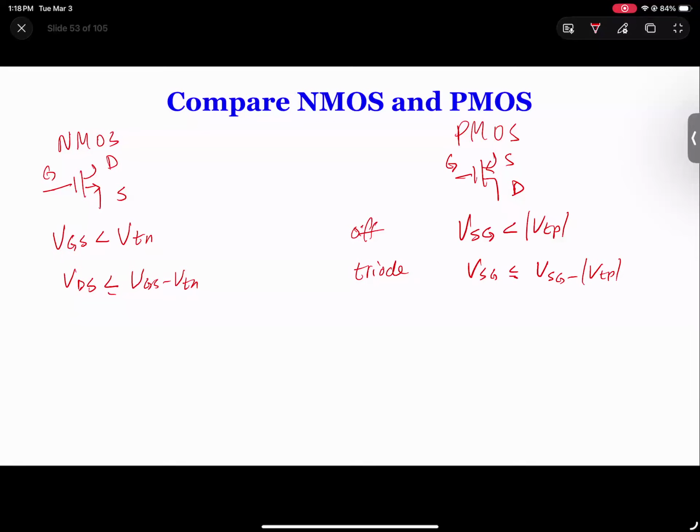And then, of course, we lastly get to the saturation mode, and you have VDS. Here you have, oops, sorry, I wrote it wrong.